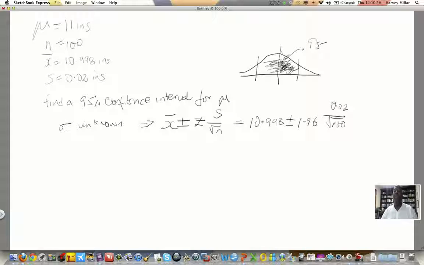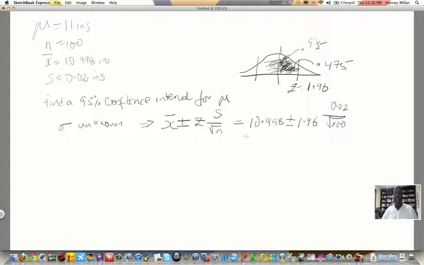So if I look at just half of the distribution, that portion is 0.475. The corresponding z for that is 1.96. Remember, the 0.475 comes from 0.95 divided by 2 because it's half of the area.